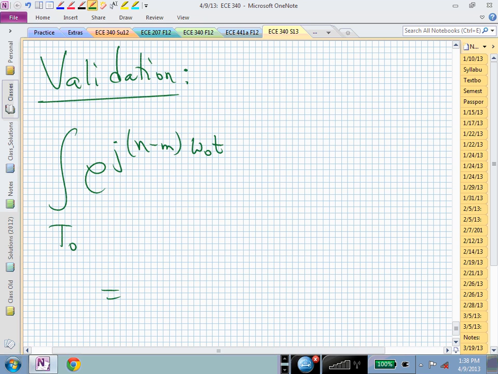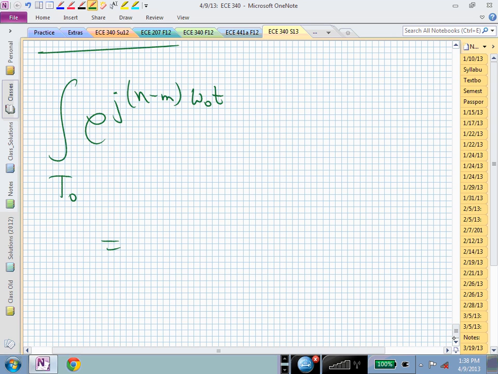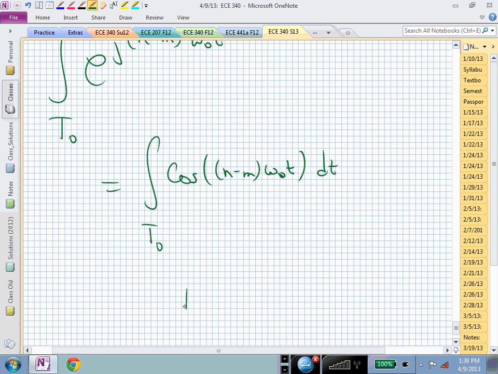A complex combination, but we now have this integral of cosine n minus m omega naught t dt plus j times the integral over T naught of sine n minus m omega naught t dt.